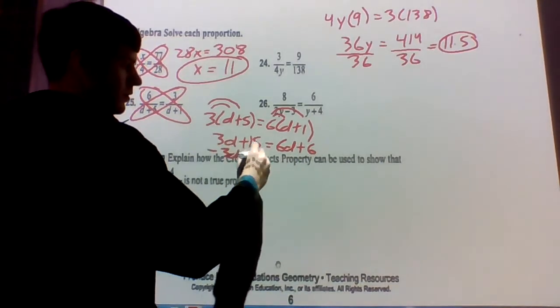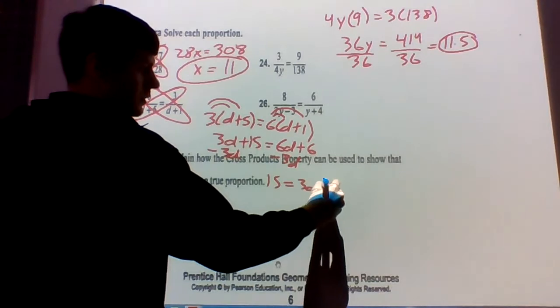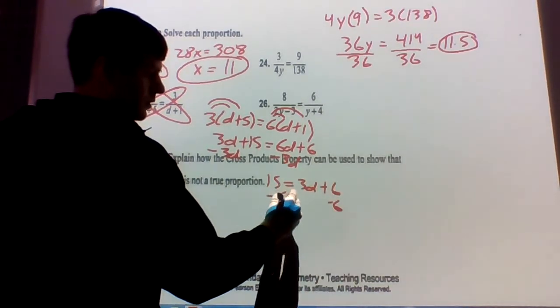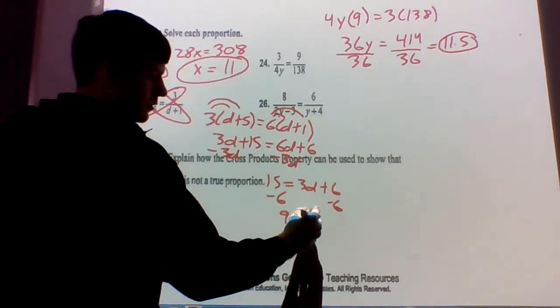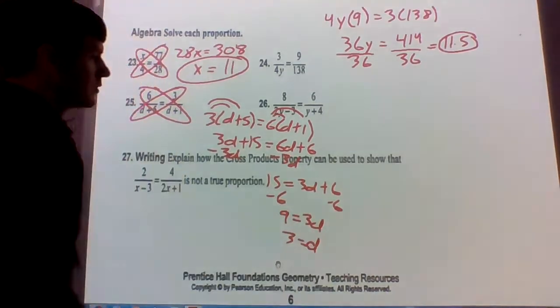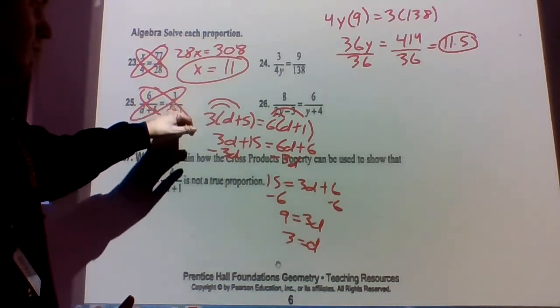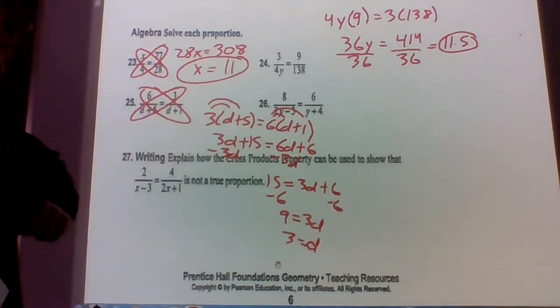Subtract 3d. That's going to be 15 equals 3d plus 6. Minus 6, minus 6. 9 equals 3d. Divide by 3, d is going to be equal to 3. To check our answer, we can plug it in. That's going to be 6 over 8 and 3 over 4, which are equal, so we're good.